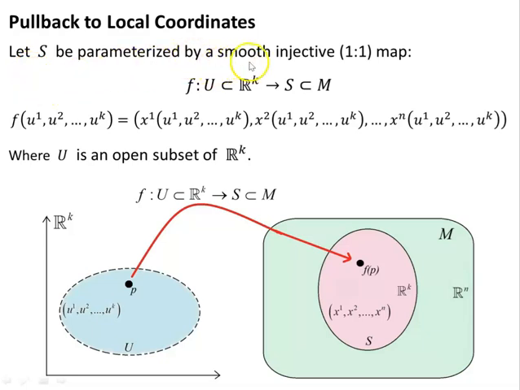Let it be parameterized by a smooth injective, one-to-one map F from the open set U contained in R^K to S contained in M. And F is a function of u1, u2, u3, ..., uK coordinates on U. That's equal to x1, a function of those same u coordinates, x2, a function of those u coordinates, all the way up to xn, a function of those u coordinates. Okay, under this map F that takes points here in U and maps them to points here in S.